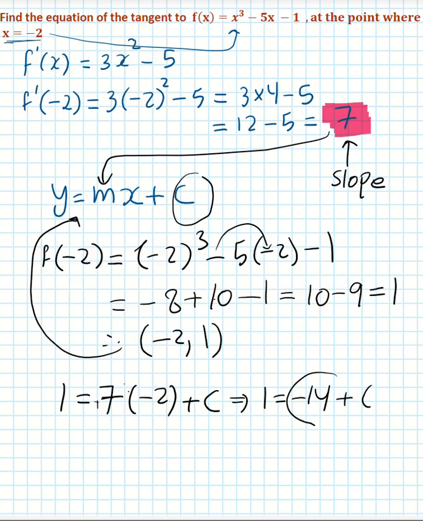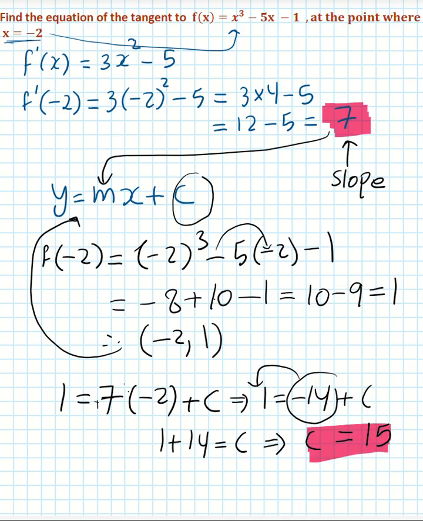I'm going to move the negative 14 to the other side, changing the sign to positive. So 1 plus 14 equals c. Therefore, c equals 15. So that is the value of c. So therefore, the equation is y equals 7x plus 15. And that is the answer.